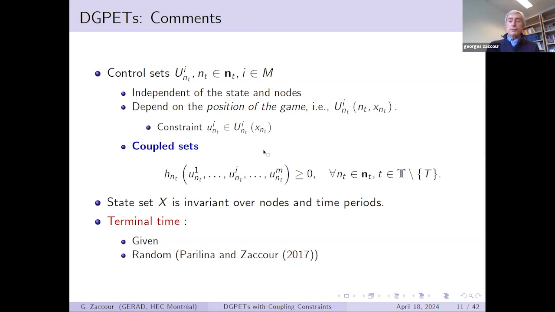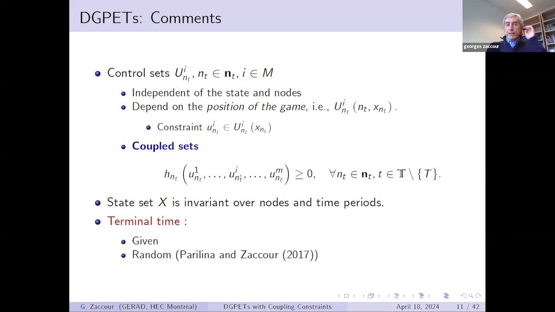The more complicated situation is when we have coupled sets, and this is what I'm going to deal with later on. So this is an example where you have coupling. For instance, at node nt, these are the decisions made by the M players, and all of them are facing a constraint that says that this function applied to this vector of decisions should be larger or equal to 0.